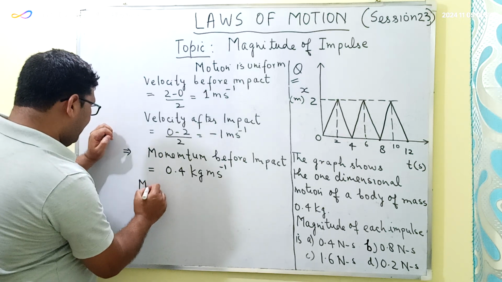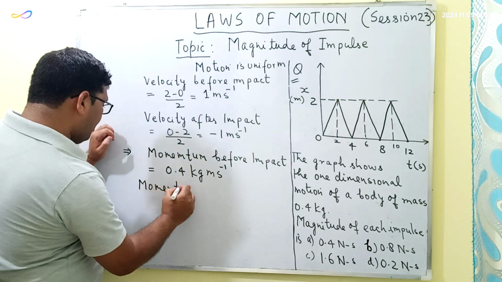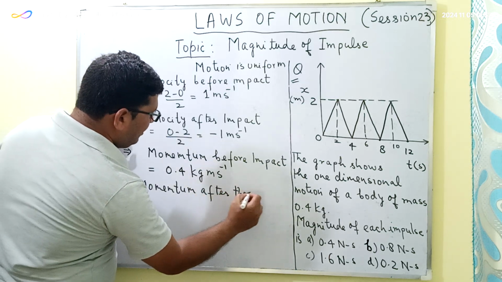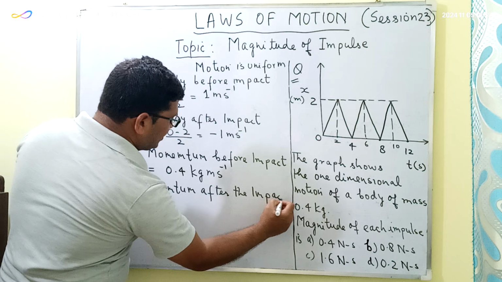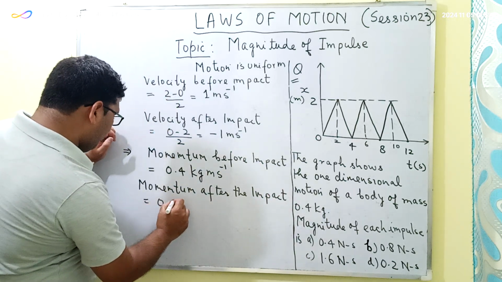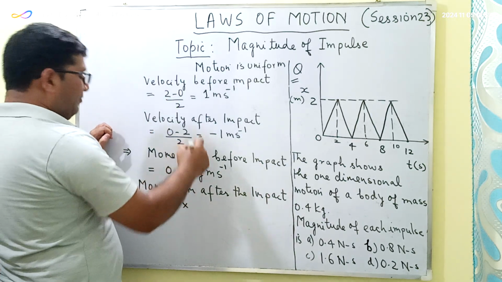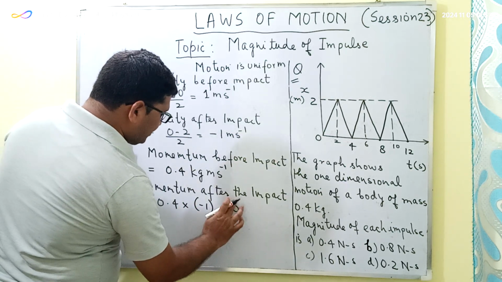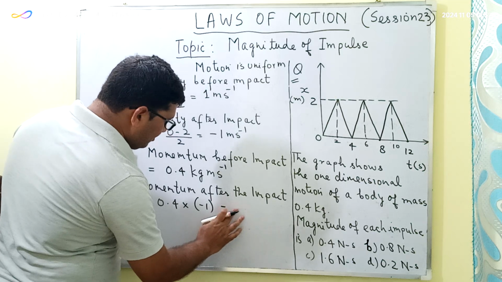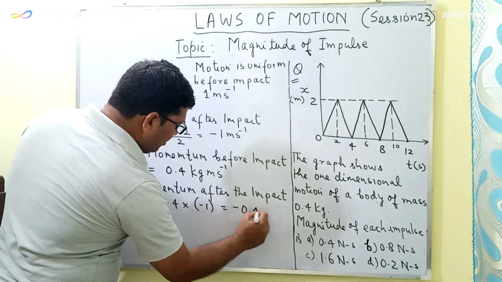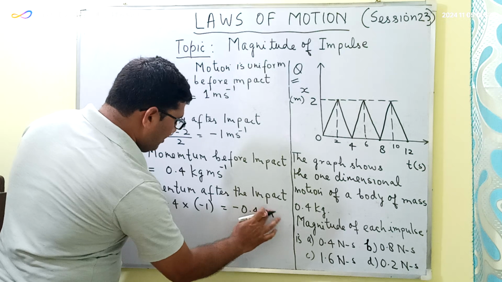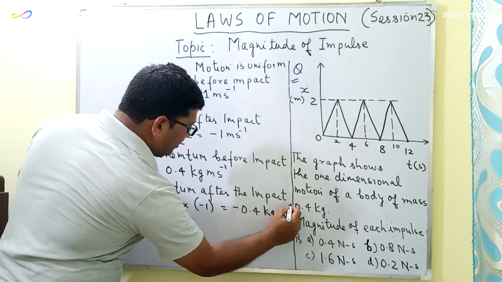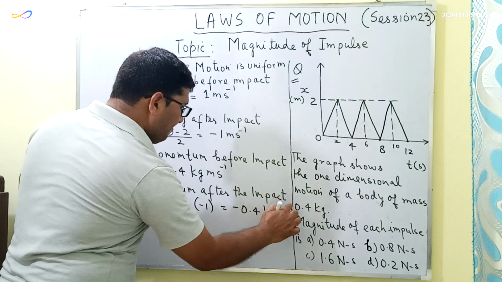And the momentum after the impact will be equal to 0.4 into the velocity after the impact, which is equal to minus 1 meter per second. So this is equal to minus 0.4 kg meter per second.